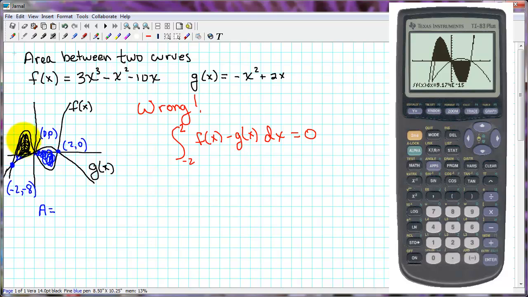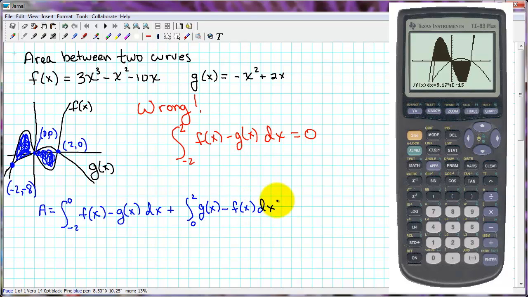So to find this first area on the left, we would integrate from -2 to 0, and in this range our f of x is on top, so we would integrate f of x minus g of x, and then we would add this area, and in that interval between 0 and 2, our g of x is the top function, so we need to subtract like this, and then we would have to evaluate each of these integrals and add the two results together.